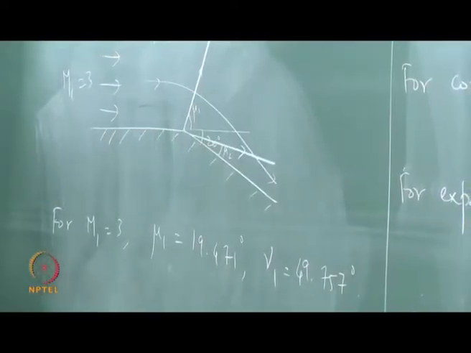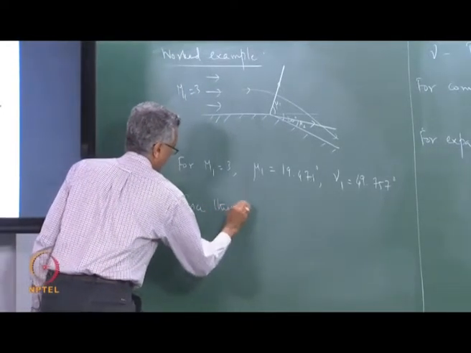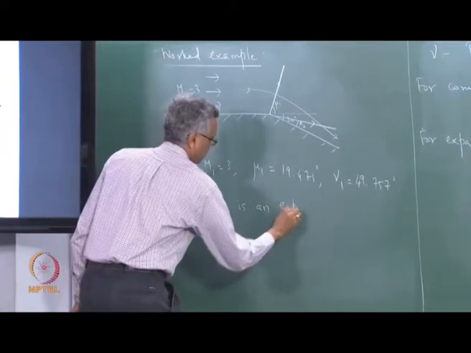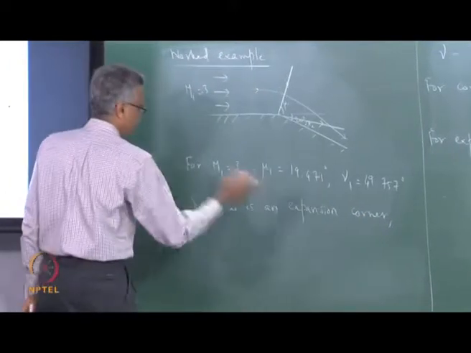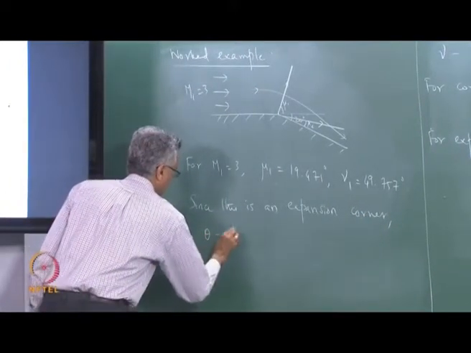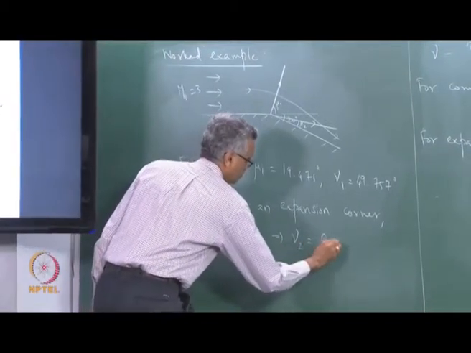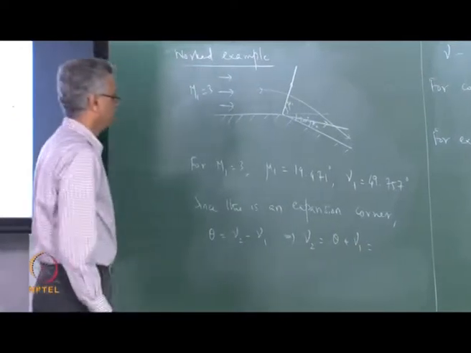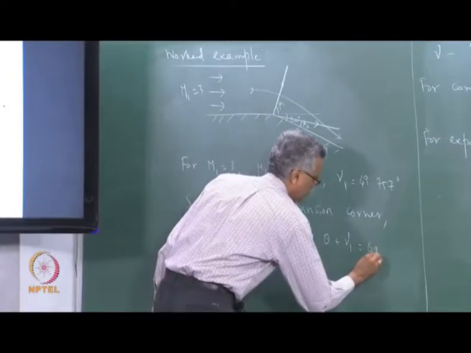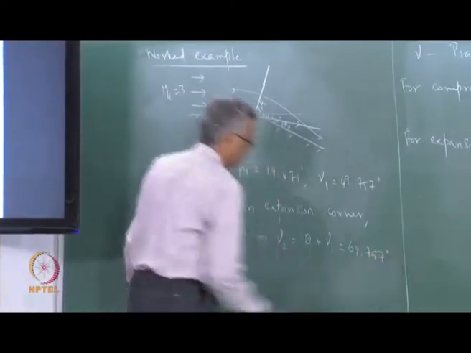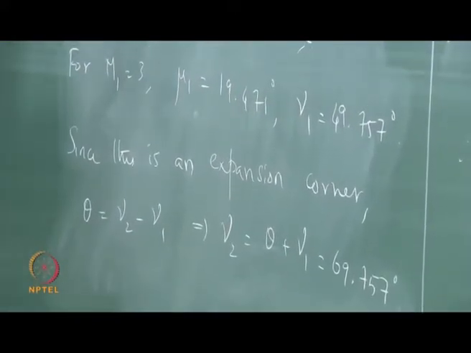Now, this is an expansion corner. So, nu increases across the wave. So, that means theta is equal to nu2 minus nu1, which implies that nu2 is equal to theta plus nu1, and if I substitute the values, I get this to be 69.757 degrees. So, you can see that nu increases across the expansion fan because it is an expansion process.